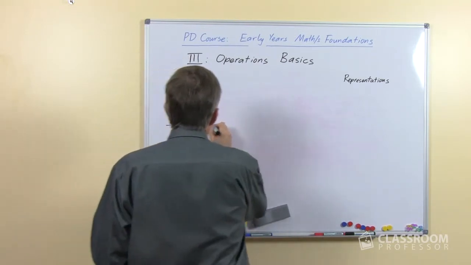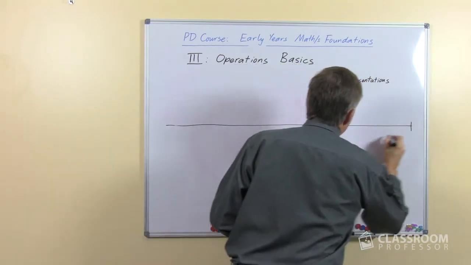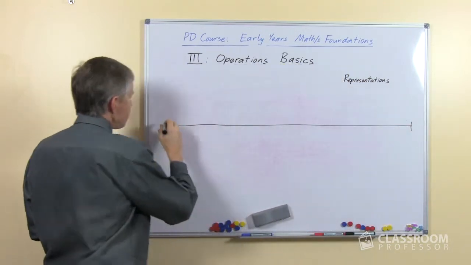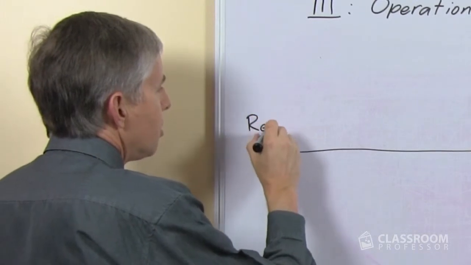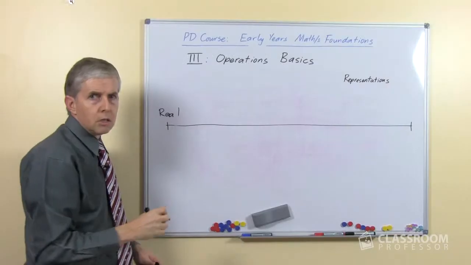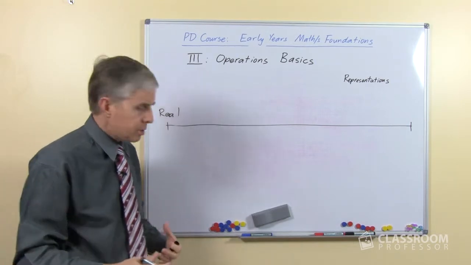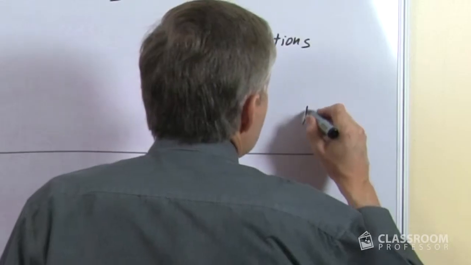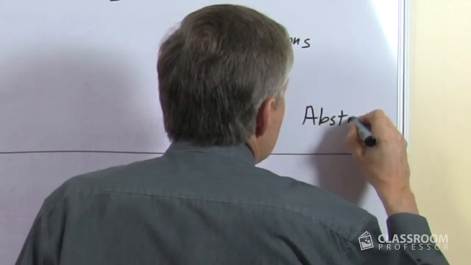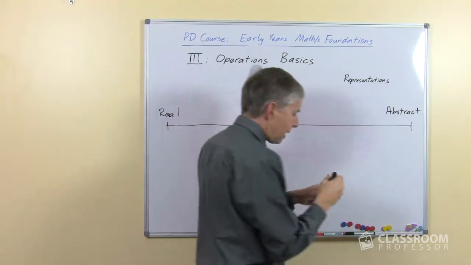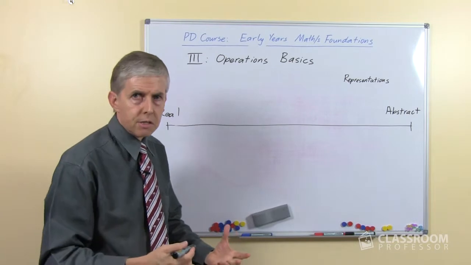If I represent this horizontally, at the left-hand end I'm going to use the word real to talk about the actual everyday real world use of operations, and at the other end let's consider abstract representations.